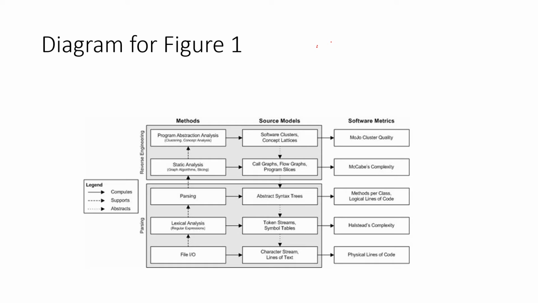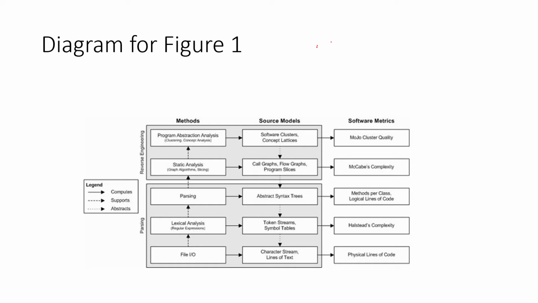There are three methods: one is method, another is source model, and another is matrix. Methods go upward and sources go downward, and those two are combined with a matrix.